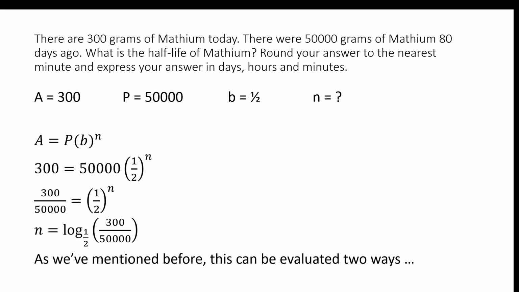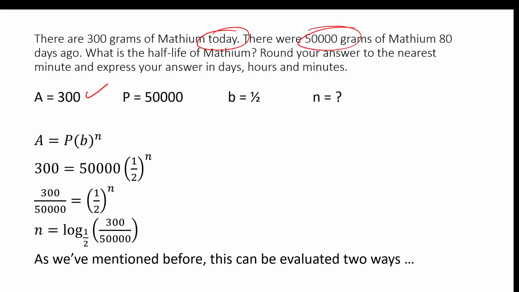And finally, our kick it up a notch question. There are 300 grams of mathium today, but we know there were 50,000 grams of mathium 80 days ago. We want to know the half-life of mathium. And we want you to round the answer to the nearest minute and express the answer in days, hours, and minutes. So the final amount is 300. That's how much there was today.